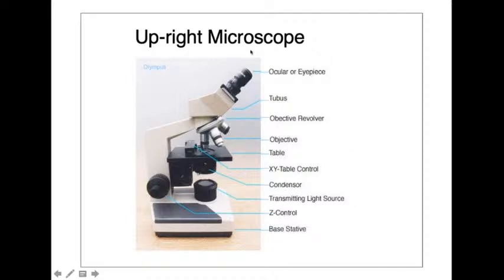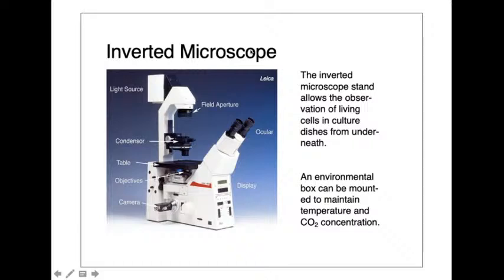This is what an upright microscope looks like. This is inverted, where you have the condenser on top, your objectives are down, and your camera is here, so it's upside down. The inverted microscope allows the observation of living cells in culture dishes from underneath.